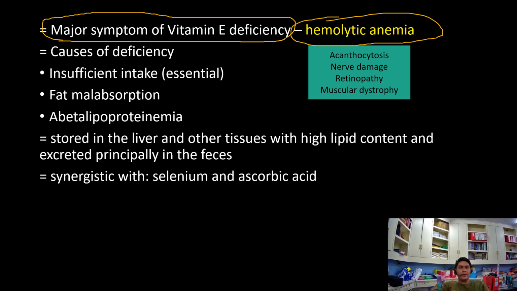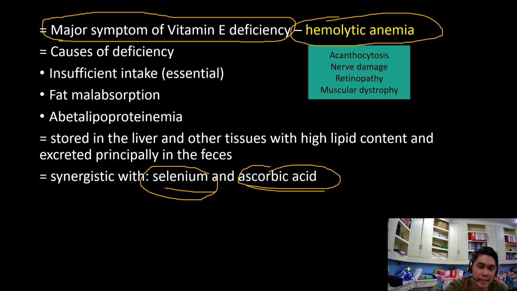Vitamin E is stored in the liver and other tissues with high lipid content and excreted primarily in the feces, with synergism with selenium and ascorbic acid. Selenium also prevents oxidation, and ascorbic acid converts the oxidized form of vitamin E to the reduced form so that vitamin E can be reutilized for the conversion of free radical to detoxified radical.